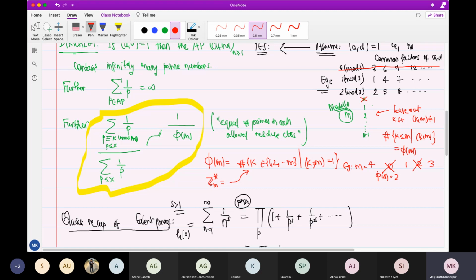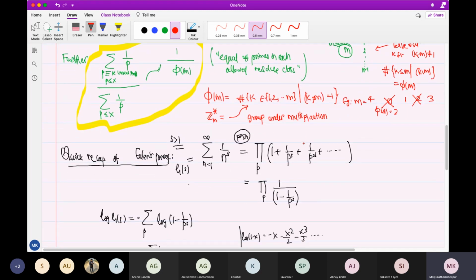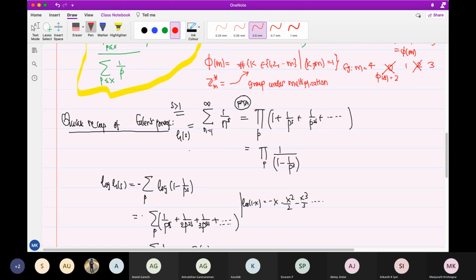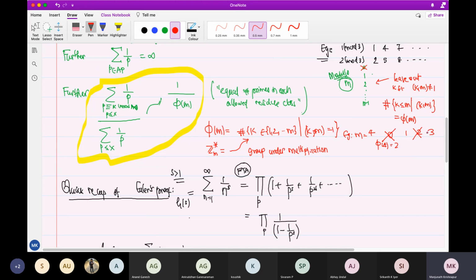Okay. So Zm is, you remember, 0 to m minus 1. I could have included 0 here, but anyway, Zm star is a group under multiplication. So the numbers co-prime to m form a group under multiplication, and phi m is the size of that group. That's all. So when m is 4, it is 1, 3.